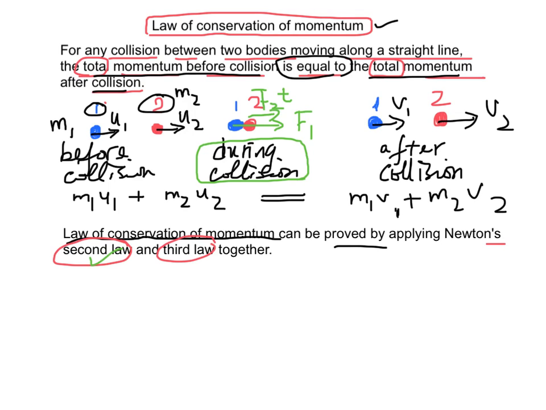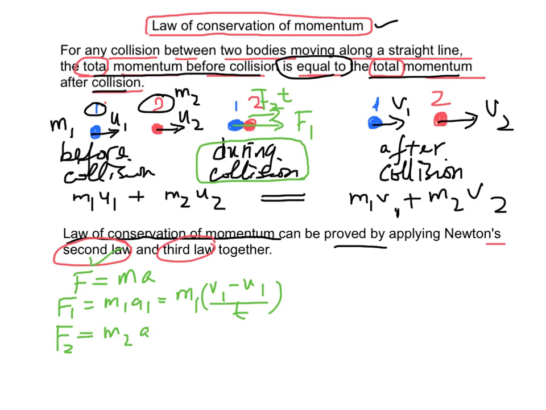By Newton's second law, we have F equal to ma. Therefore, we have F1 equal to m1a1 equal to m1 (v1 minus u1) over t. And for 2, we have F2 equal to m2a2 equal to m2 (v2 minus u2) over t. In this case, both times t are the same.